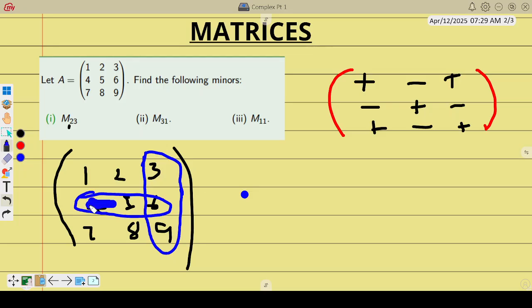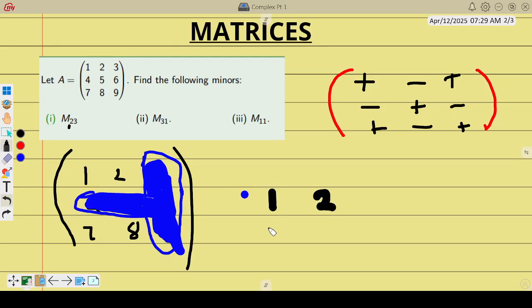When we eliminate this row and this column, what can you see? You can see that we're going to remain only with 2, 7, 8.